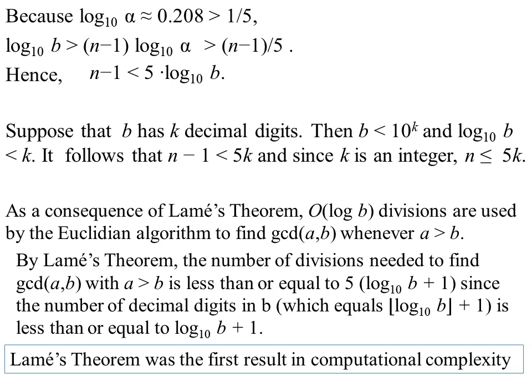Because the number of decimal digits in B is equal to log B base 10 rounded down plus 1, which is less than or equal to log B plus 1. Hence, Lam's theorem is proved. And Lam's theorem was the first result in computational complexity.